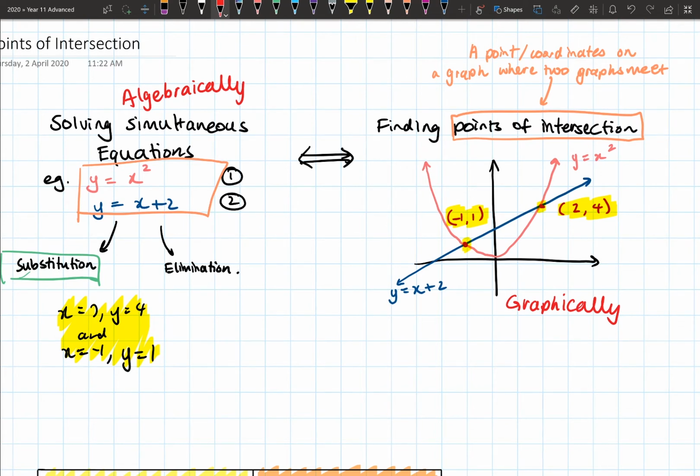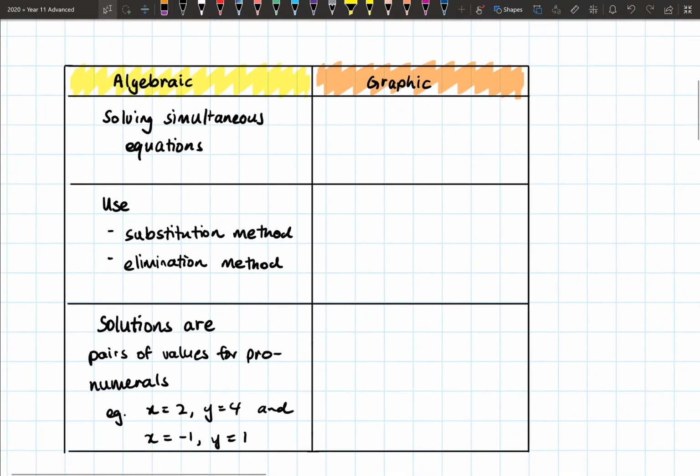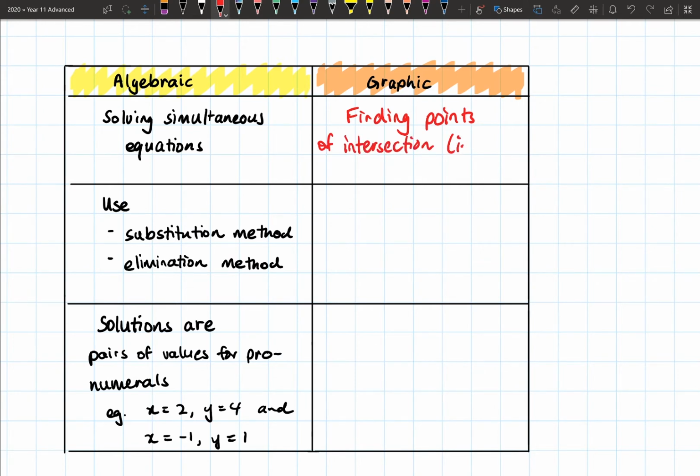Just to sum up these two ideas, let me go through this table with you. Algebraically, when we're solving simultaneous equations, what this looks like graphically is finding points of intersection, i.e. where do the graphs touch on the Cartesian plane.